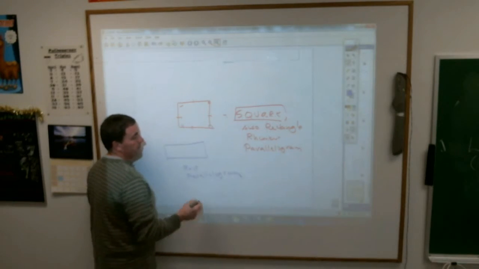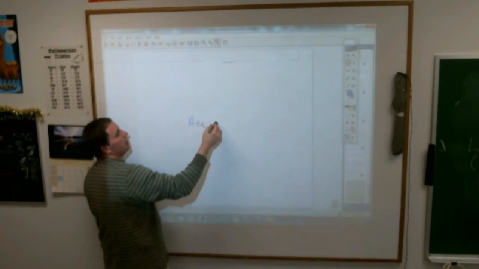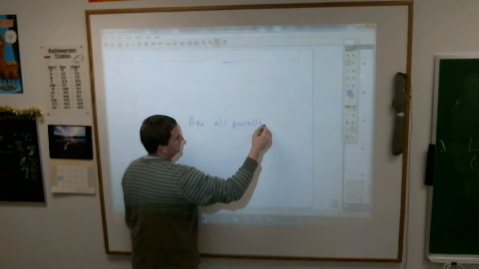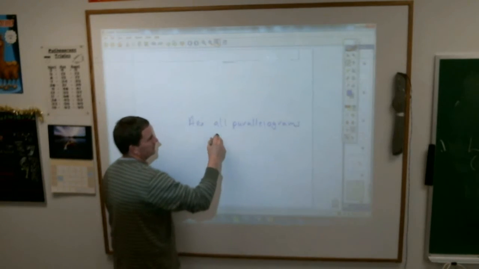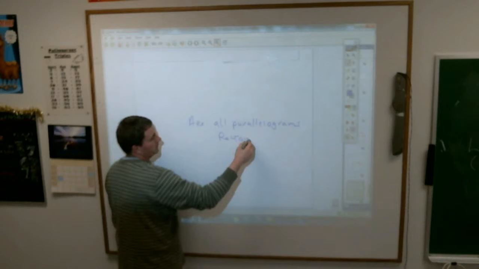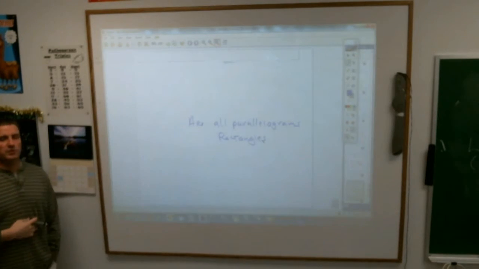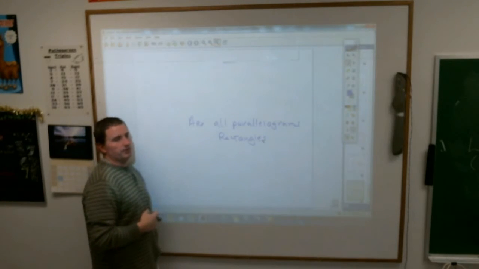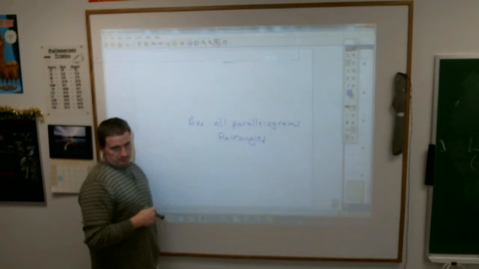Or the book will throw this at you. They will say, are all parallelograms rectangles? Or they'll just say all parallelograms are rectangles, true or false. Is every parallelogram that you could draw also a rectangle?